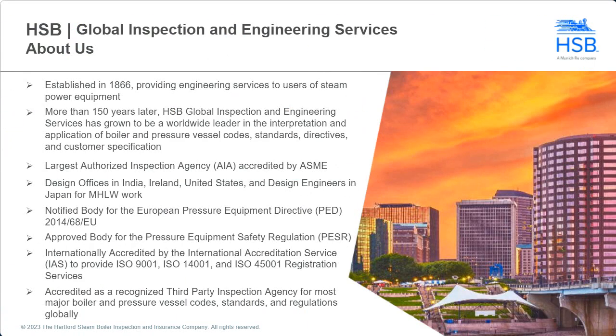A little bit about HSB. Hopefully you all know that we're an ASME Accredited Authorized Inspection Agency providing ASME Authorized Inspection Services. In addition to those, on this slide, we have some services that support our customers for boilers, pressure vessels, and equipment. Today, we're going to cover US DOT approval of UN portable tanks.